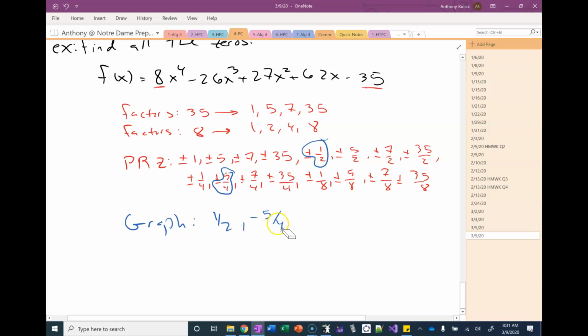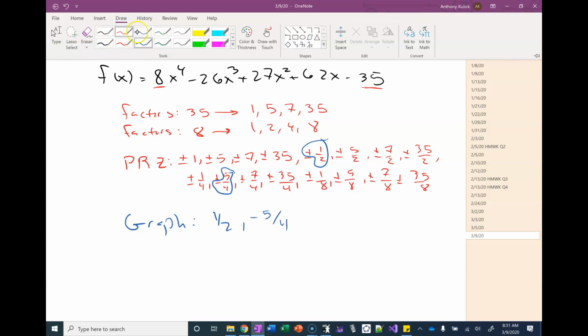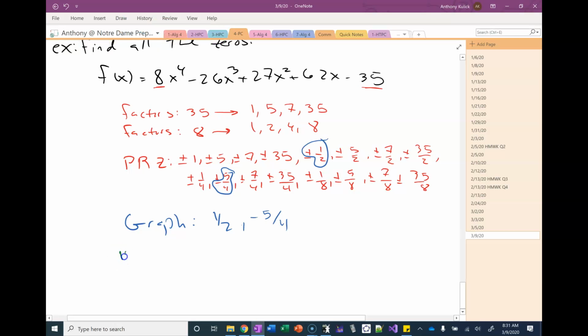So we're not positive on either one of those because they're not crossing right at a tick mark, but they're the best we got. Everybody okay with that? All right. So let's just start with the 1/2 for the sake of this example. Doesn't matter which one you'd start with though.